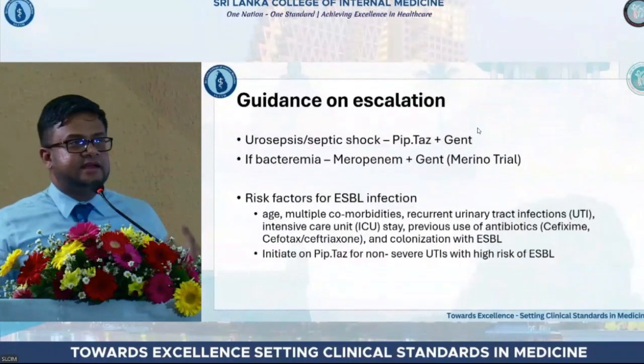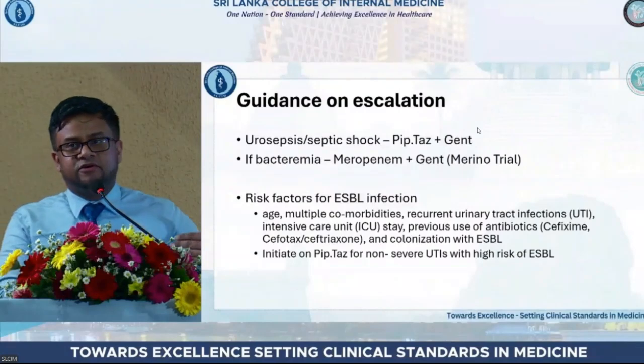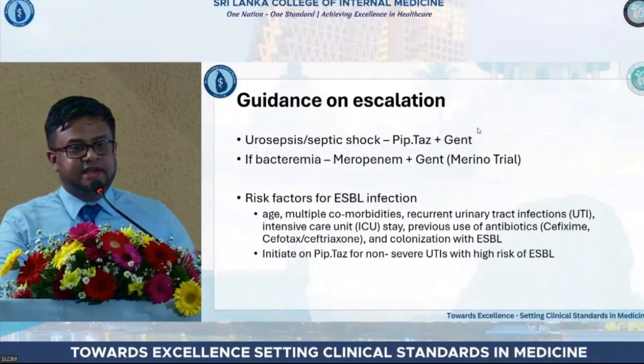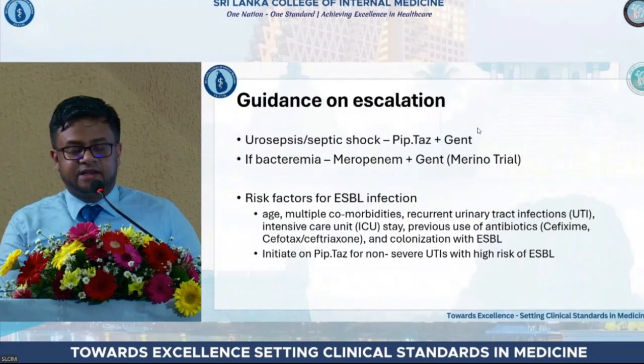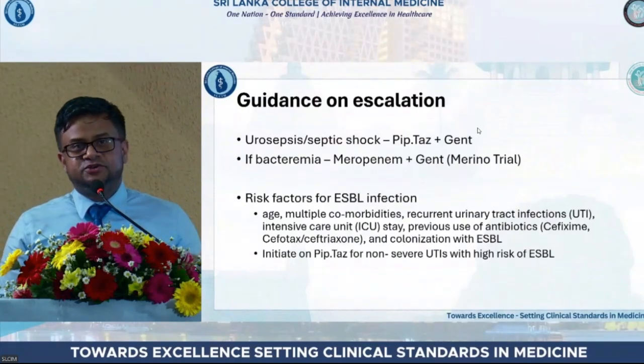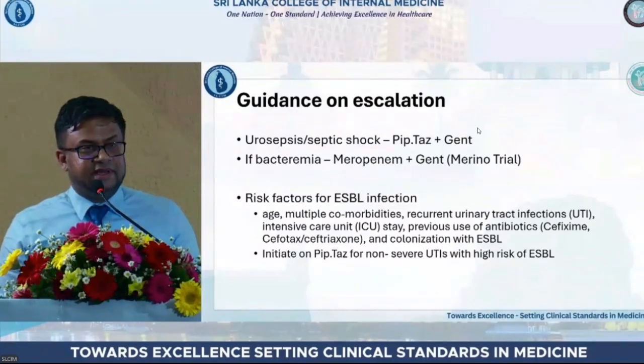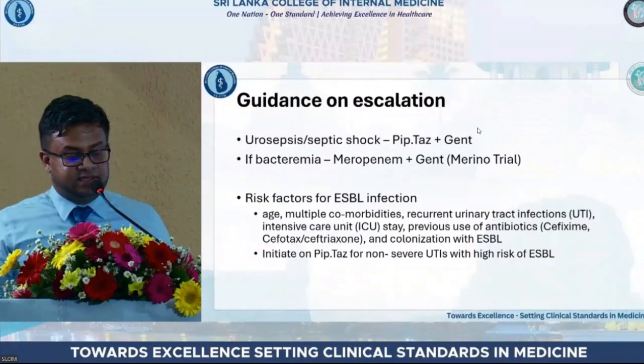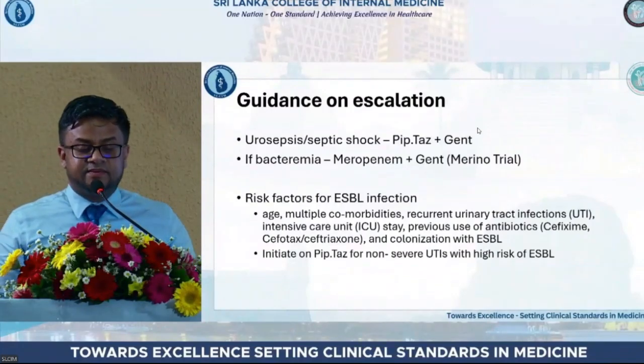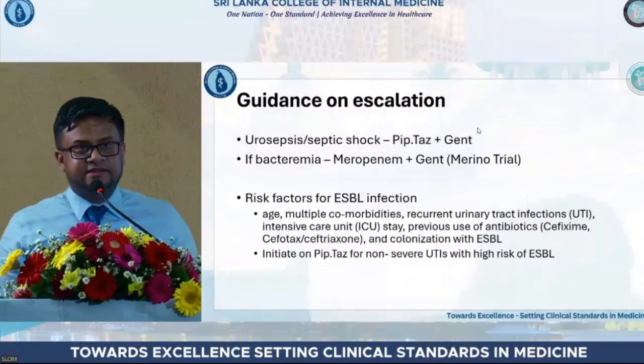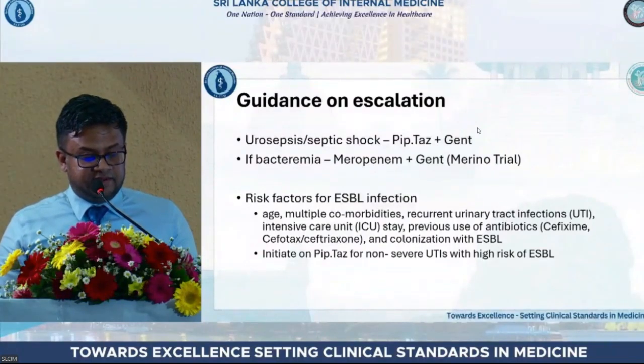Right, guidance on escalations. Now we have got a complicated pyelonephritis, so how do we escalate the antibiotics? Especially in urosepsis and septic shock, choices would be piperacillin tazobactam and gentamicin. If bacteremia is present, of course, meropenem and gentamicin is preferred, that is the MERINO trial, right?